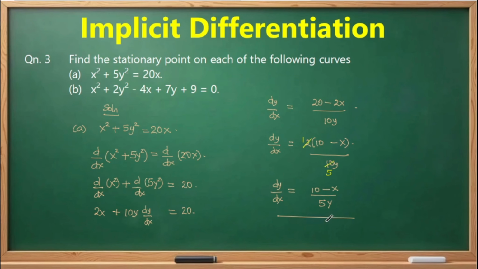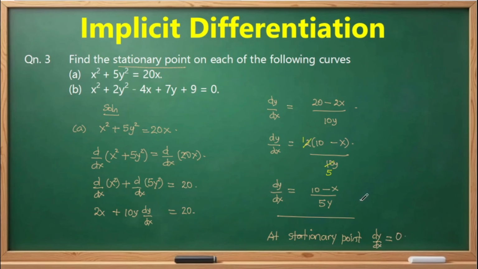So this is the derivative function. After obtaining this derivative function, we are requested to get the stationary point. At a stationary point, dy/dx is 0, so this quantity will vanish into 0 and we solve that equation.